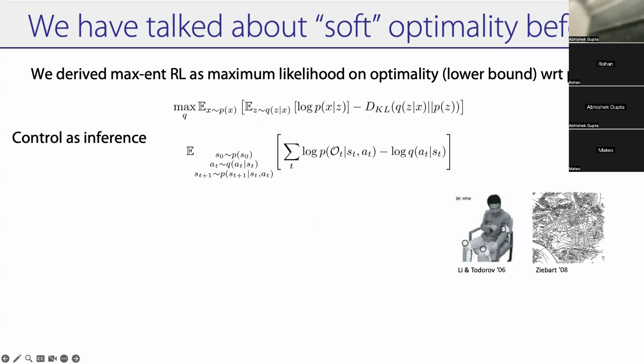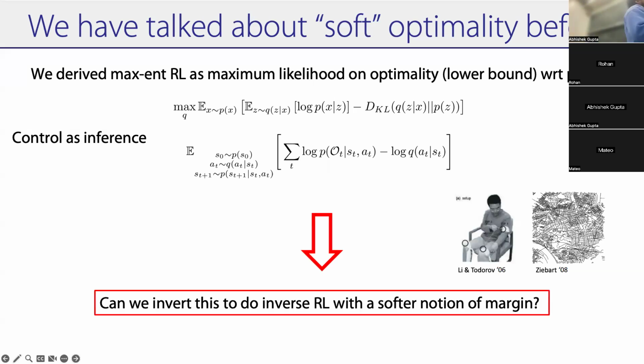It's just saying that the good behavior is more likely than the bad behavior, but it doesn't mean you only do the good behavior. So the point of maximum entropy inverse RL is that rather than saying that you are better than everything else, you're saying you're softly better than everything else. And so we're going to go from this hard notion of a margin, which is just like saying A greater than B, to a softer notion of margin through this control as inference type framework.